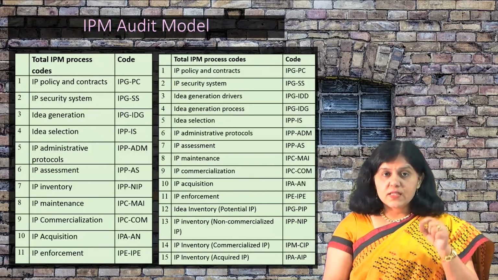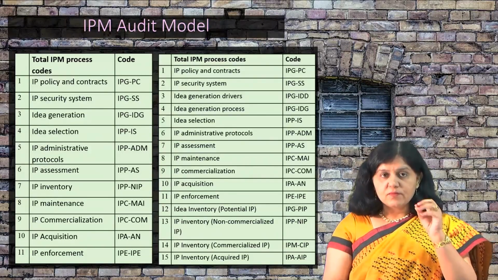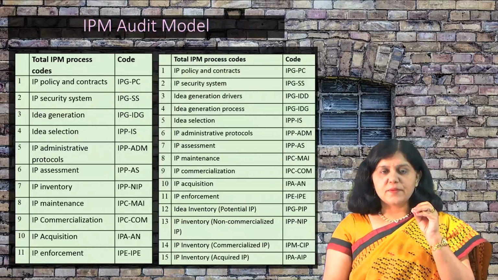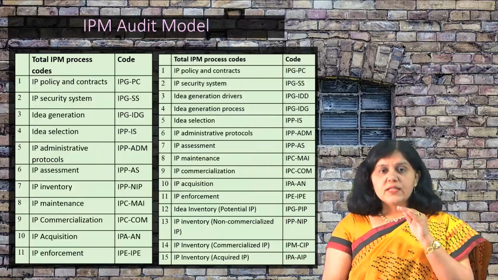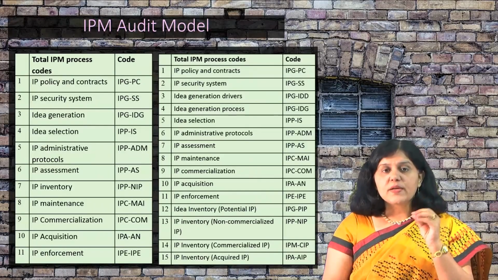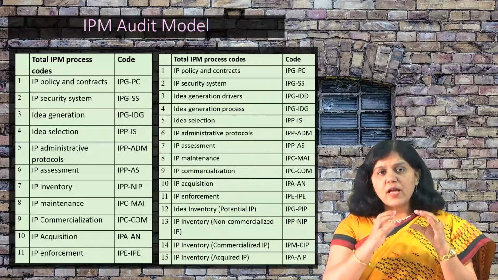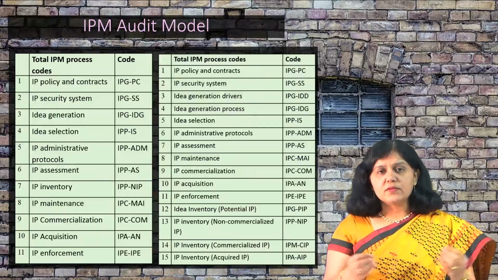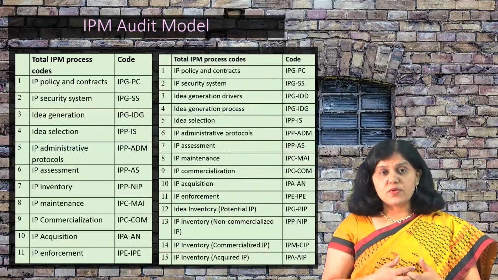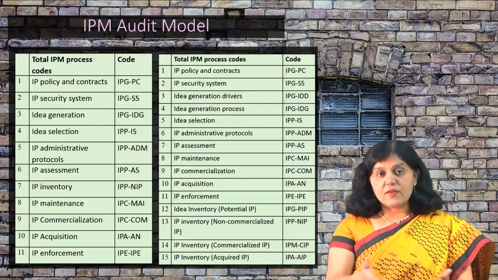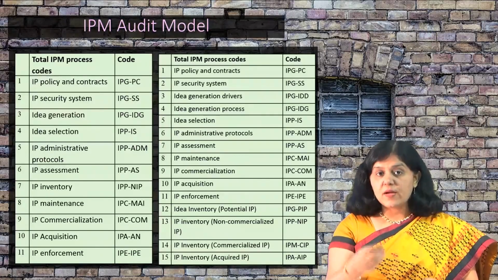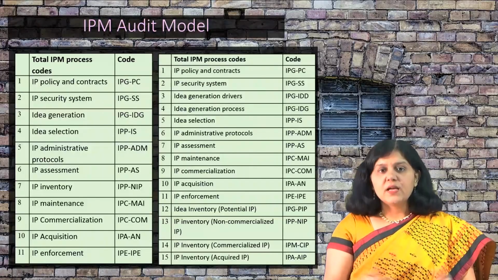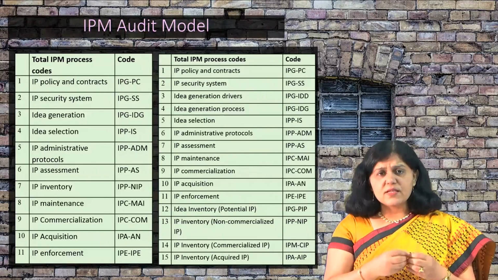If you see this, points like IP security system or idea generation, these topics are very vast within themselves. On IP policy and contracts alone we can talk for hours together, we can have a course on that. Idea generation, IP enforcement, IP acquisition are all very vast areas.